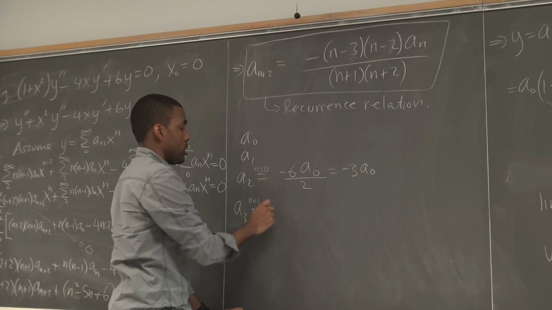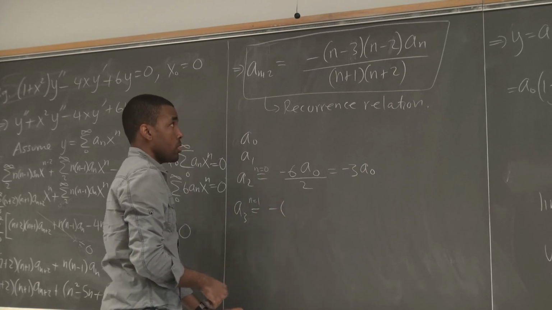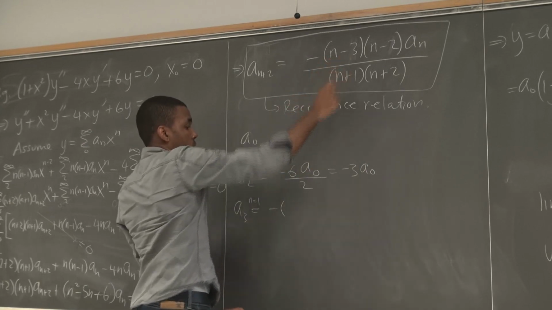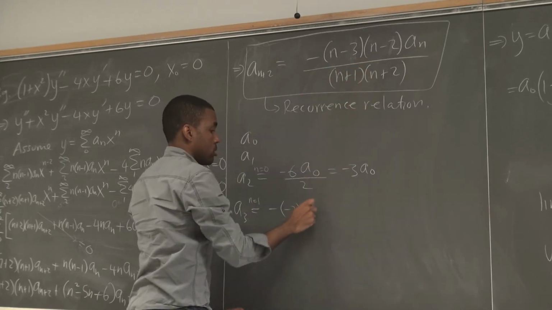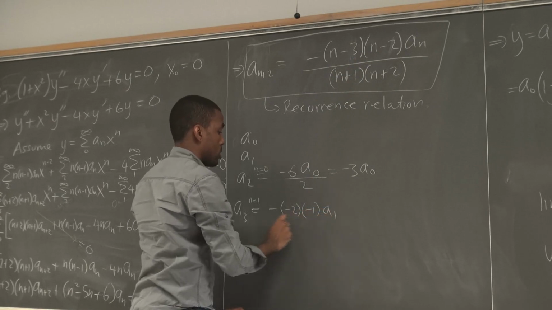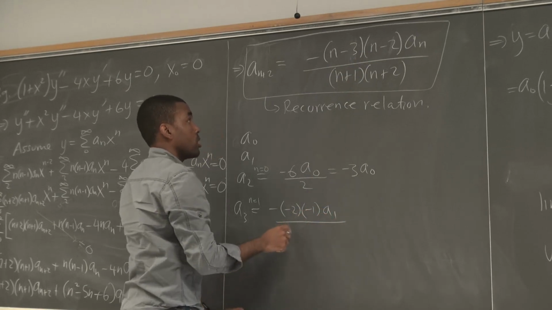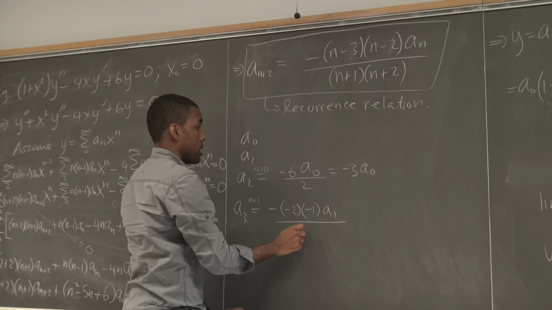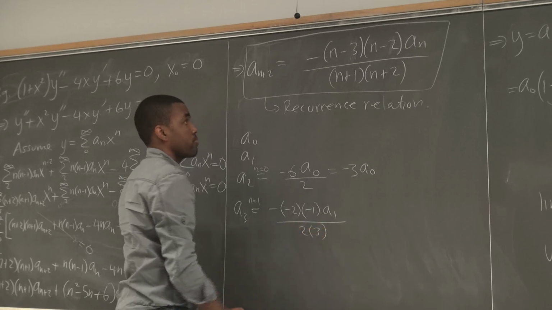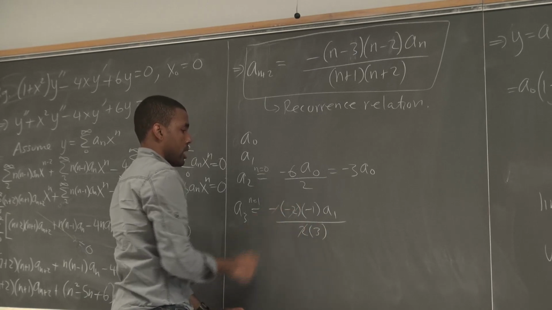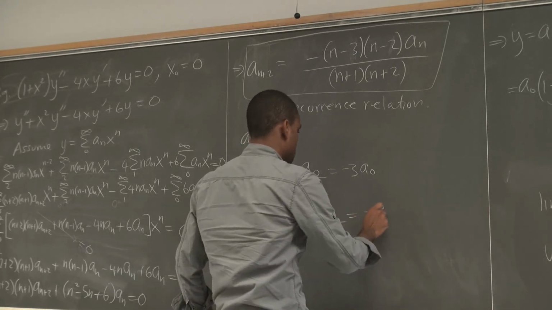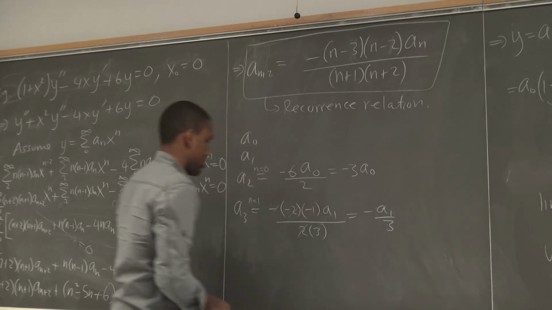So that would give me 1 minus 3, 1 minus 2 is minus 1, A1 over 2 times 3. So this would cancel, and we would have minus A1 over 3.